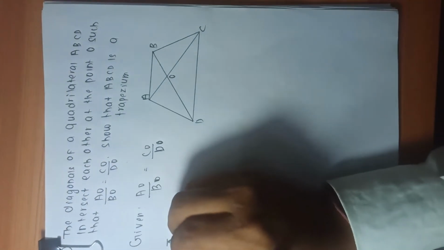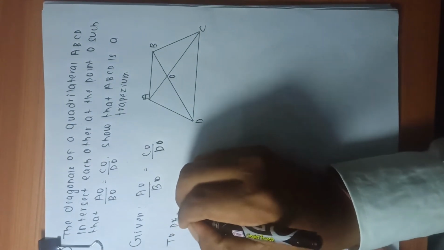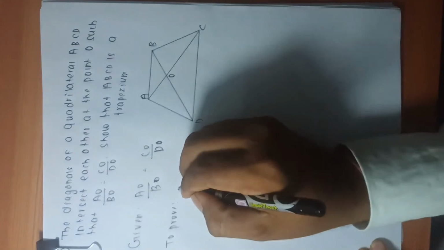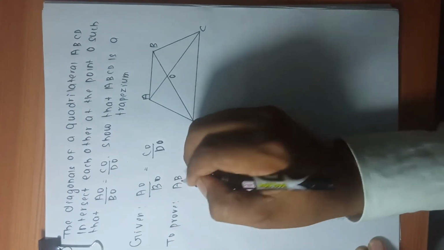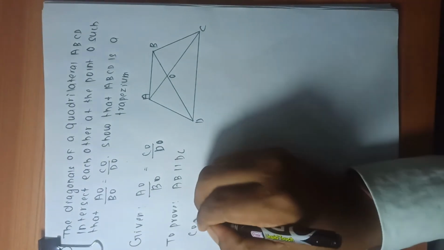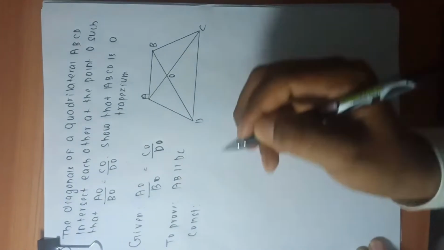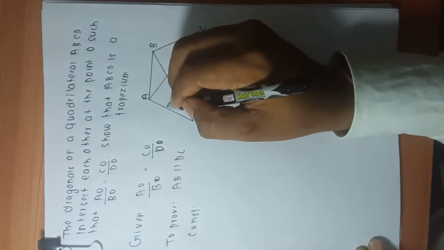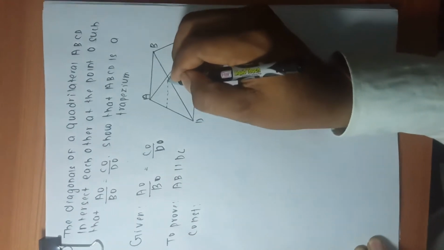And we need to prove ABCD is a trapezium, meaning AB parallel to DC. Construction: we will construct a parallel line from O.